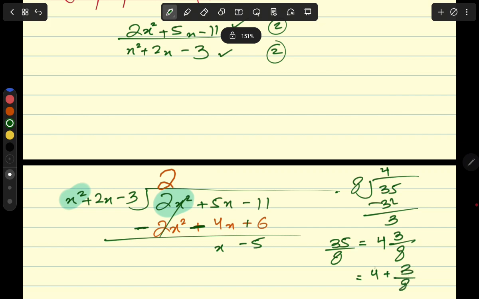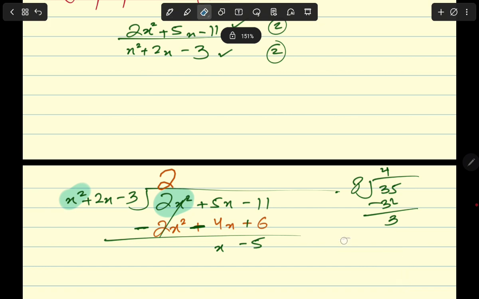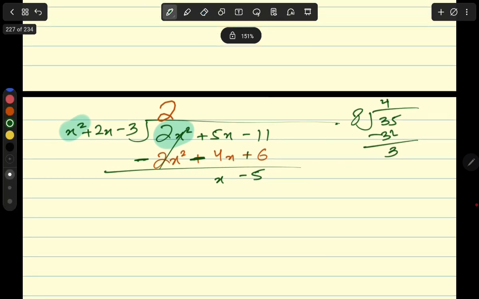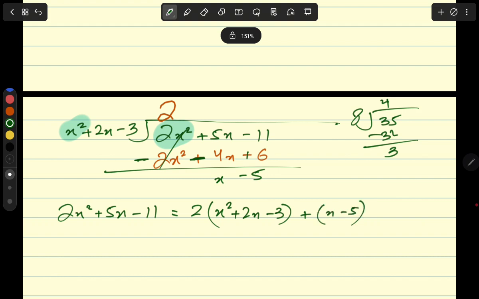So basically, 2x squared plus 5x minus 11 may be written as 2 times x squared plus 2x minus 3 plus x minus 5.